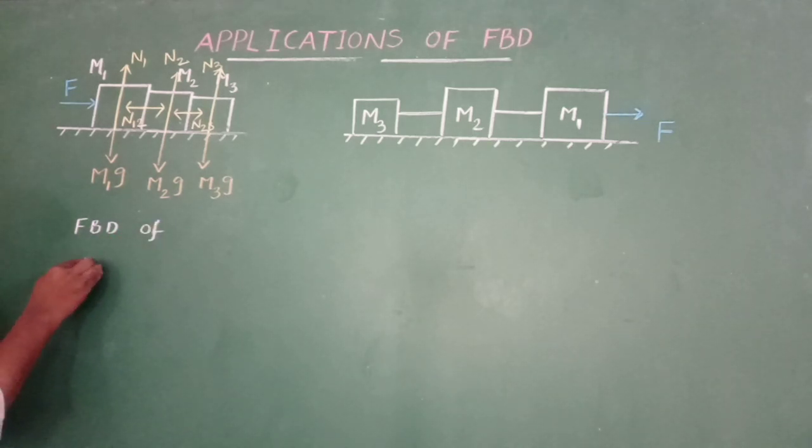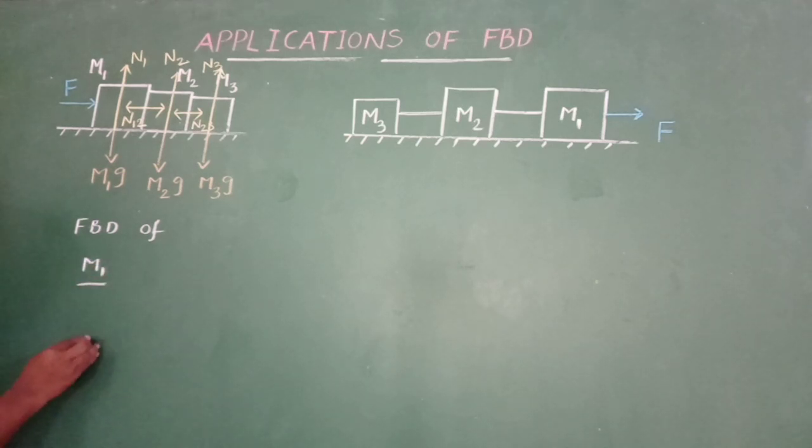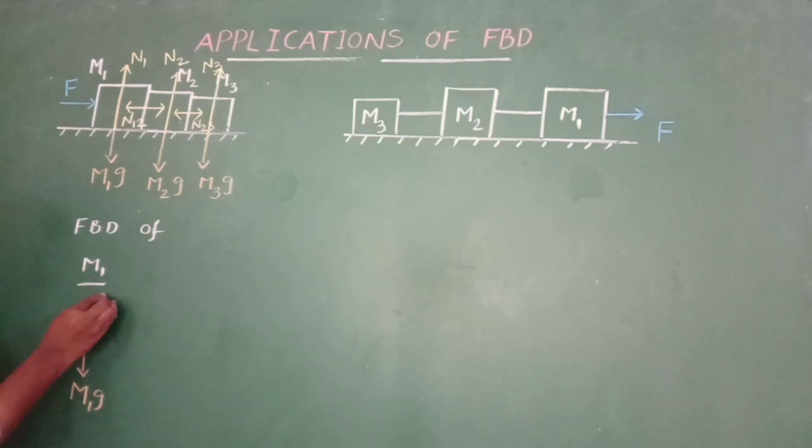First we are drawing for M1. This is taken as the mass M1. On this, its weight acts vertically downward, that is M1 into G. On this, a normal reaction acts in the upward direction. This is N1.